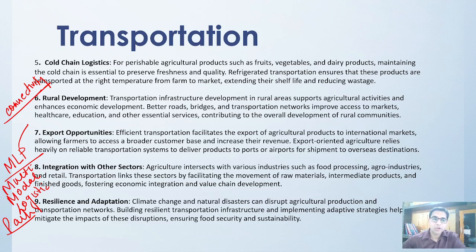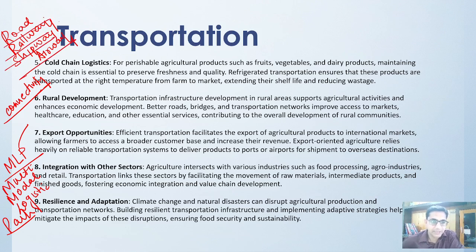A multimodal logistic park is helpful in connecting the various modes, whether it is road, railway, shipways, or airways. So whatever type of transport connectivity is needed, the government is working to enhance all these various types of transportation in order to integrate them so that proper logistic facilities can be developed.